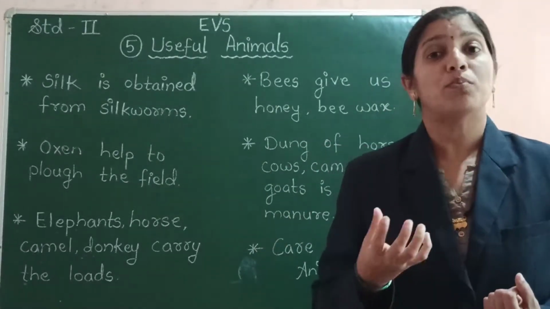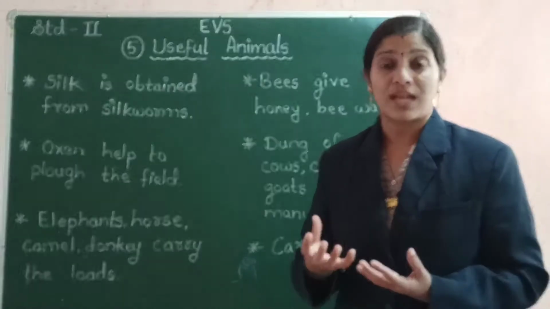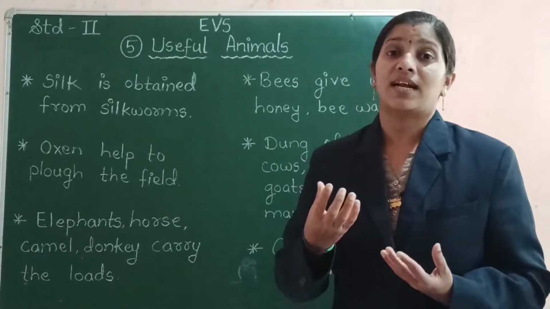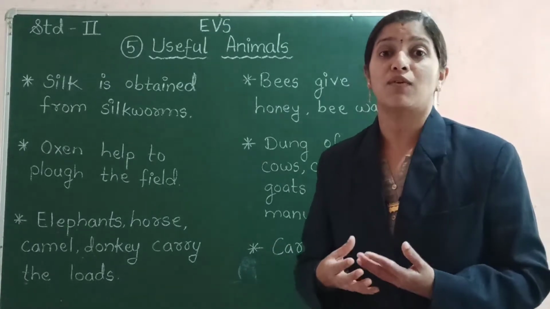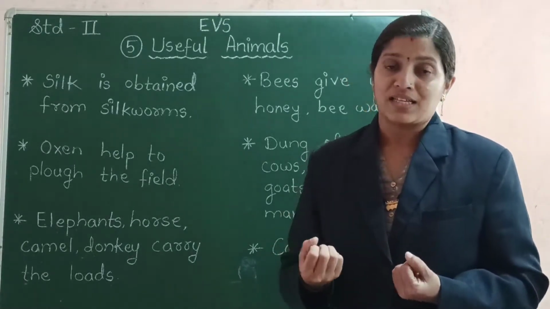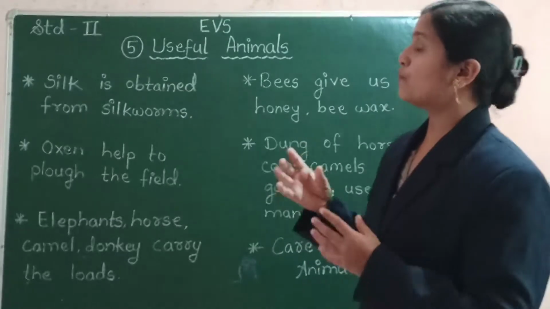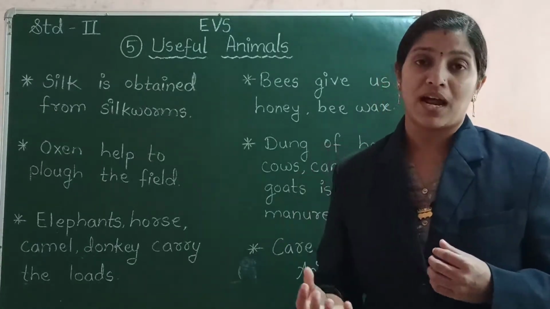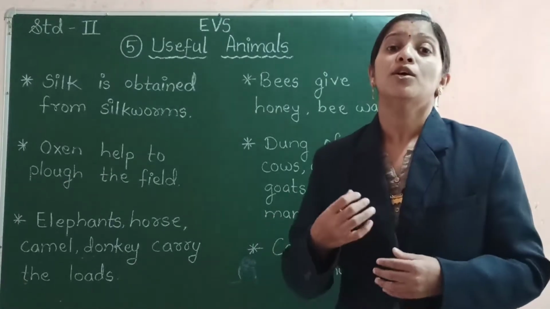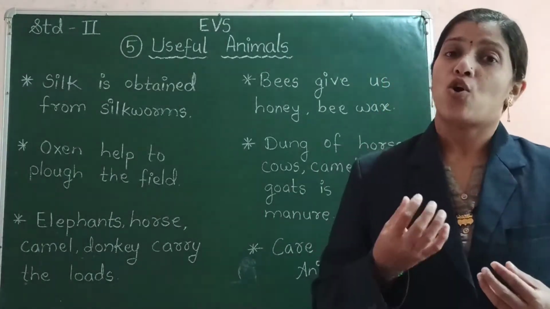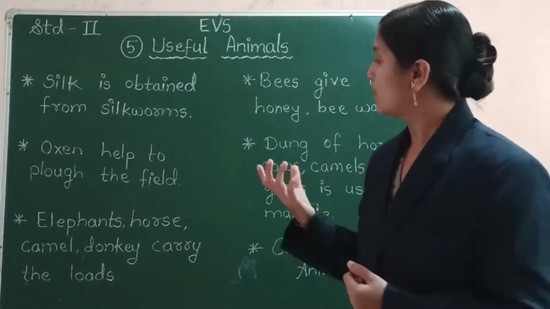They help to prepare the fields so that the new plants that are going to be planted in those fields will grow very nice. So what is done? Before planting any plants or before sowing any seeds, the field or the soil is prepared and the ox helps to plow the fields.